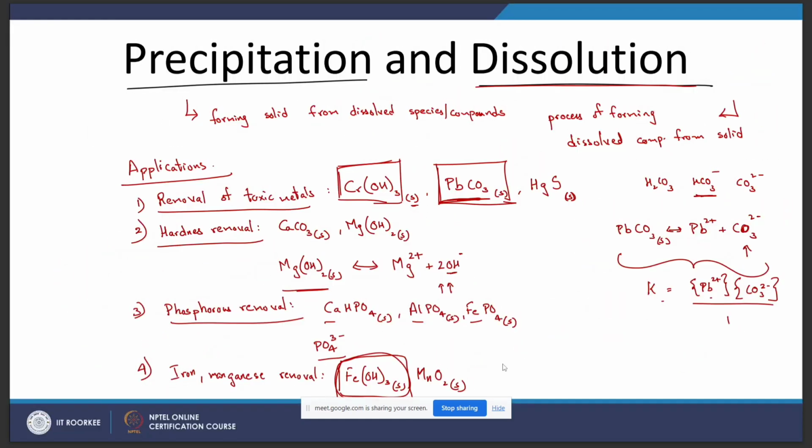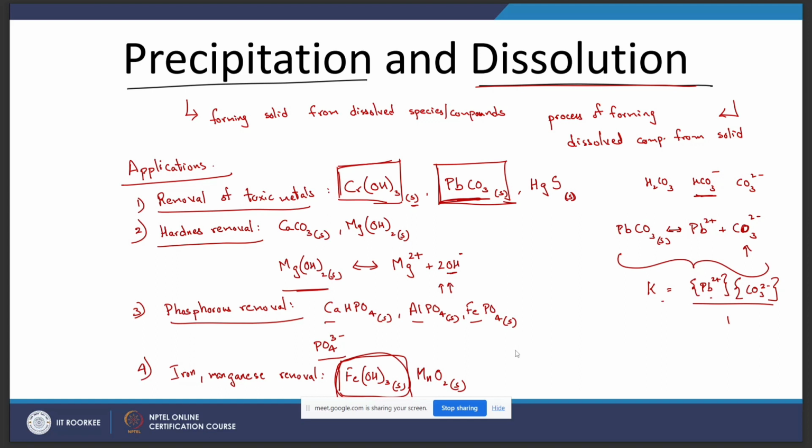Also nowadays there is a lot of work going on in recovery of nutrients from wastewater, in which we precipitate out the nutrients in some useful form which we can use in industries or agriculture. There is also a lot of research going on in recovery of heavy metals out of the sludge.